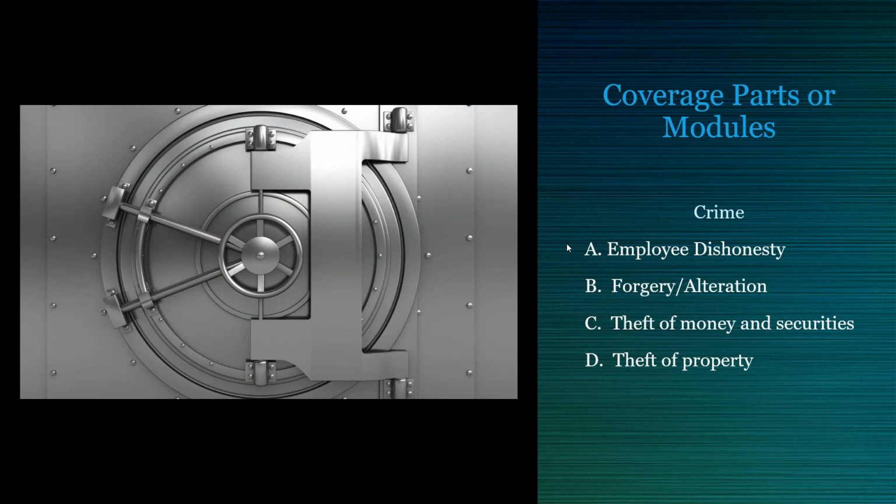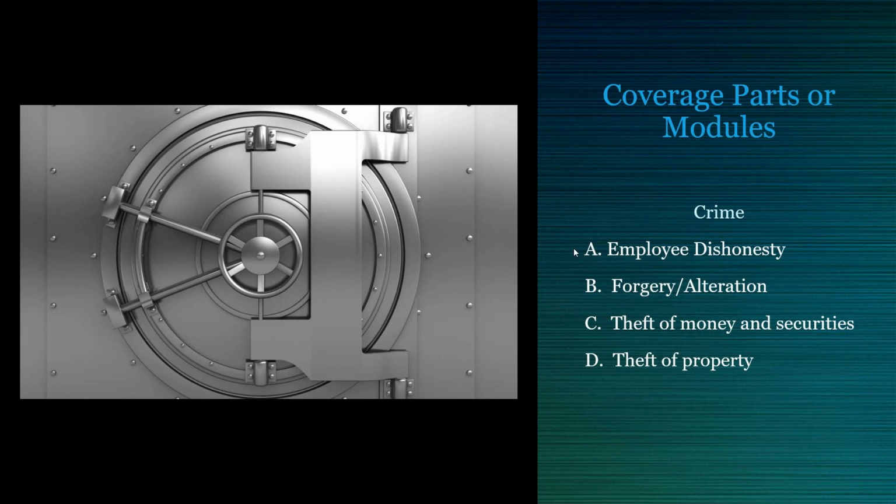Okay. So it's a bond, it's not insurance. And so when you see that test question, employee dishonesty would be covered by which of the following, I want you to look first and foremost for fidelity bond. If you don't see fidelity bond, then the next best guess would be commercial crime coverage. Okay, because coverage A, the employee dishonesty coverage, is actually a fidelity bond within the commercial crime policy. And it just covers you if your employees are dishonest and steal from you.